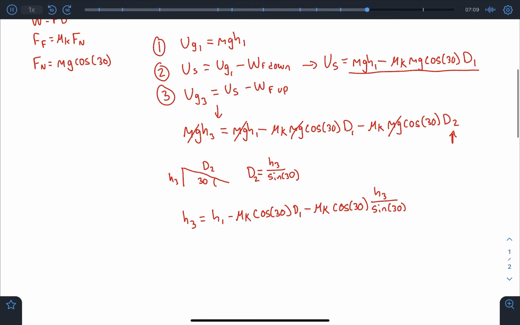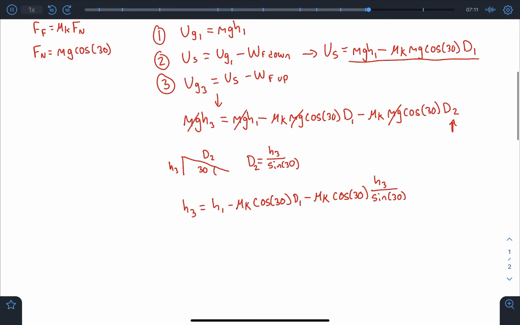Now we're left with one equation where the only unknown is our final height, so we just need to rearrange some things and isolate that final height so we can solve for it.